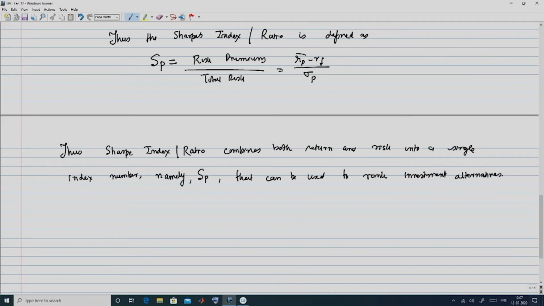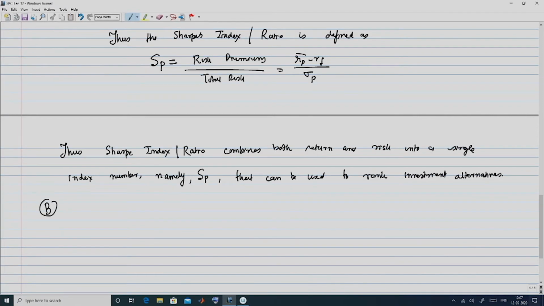So, this means that you can look at various investment alternatives, that means a collection of portfolios, and for each case we can calculate the Sharpe ratio and then use the Sharpe ratio to rank the desirability of the portfolios, and then accordingly make an investment in a portfolio or a mutual fund that is more desirable.